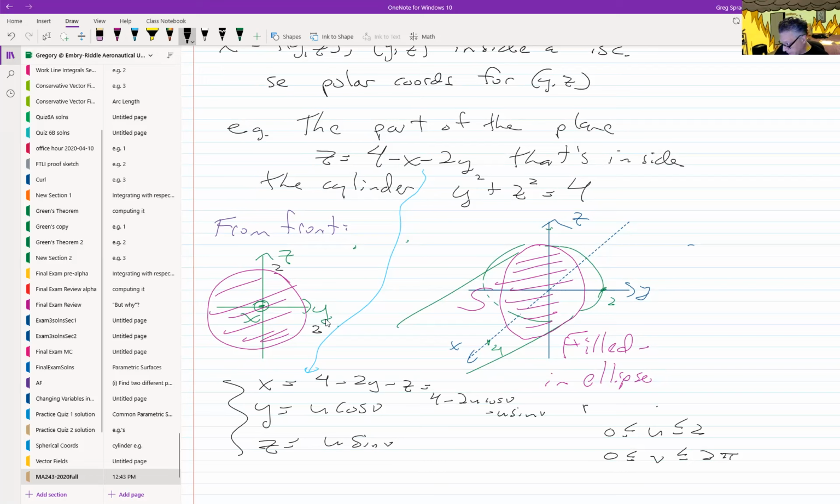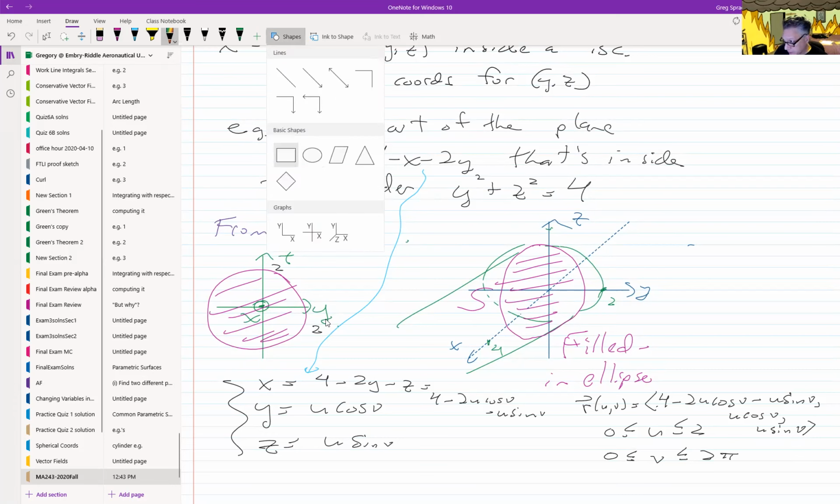I'll make a vector out of them. Okay, r of u, v is 4 minus 2u cosine v minus u sine v, comma, u cosine v, u sine v. And I already found the domain. This is not the only correct answer. These problems always have lots and lots of correct answers.